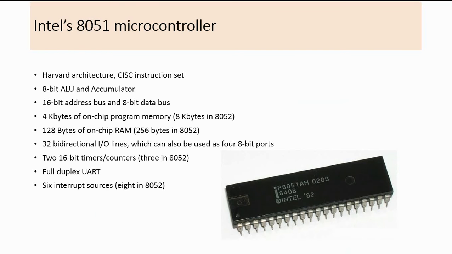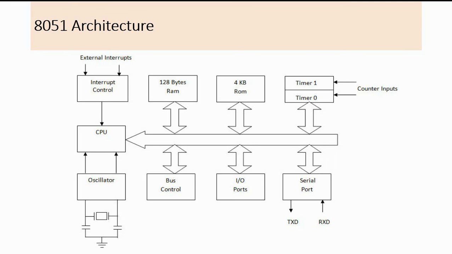And here is some basic information about the 8051 microcontroller. It has 8-bit ALU and 16-bit address bus and 8-bit data bus. 4 kilobytes of on-chip program memory, which is 8 kilobytes in 8052, 128 bytes of on-chip RAM, 32 input-output lines, and full duplex UART and 6 interrupt sources. 8051 microcontroller is produced by many manufacturers.